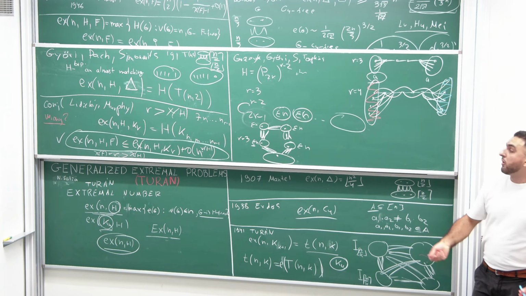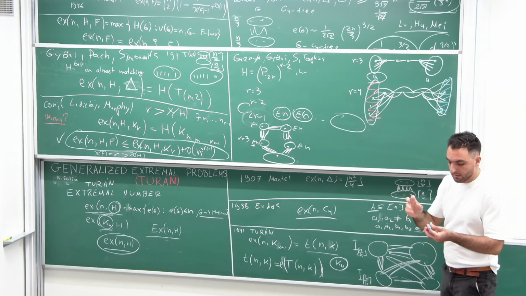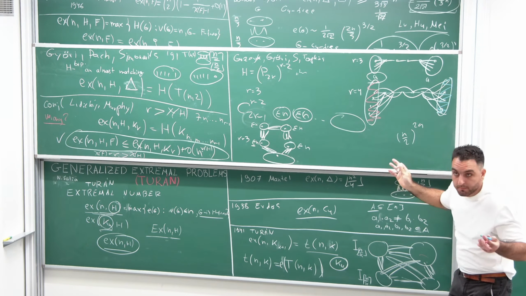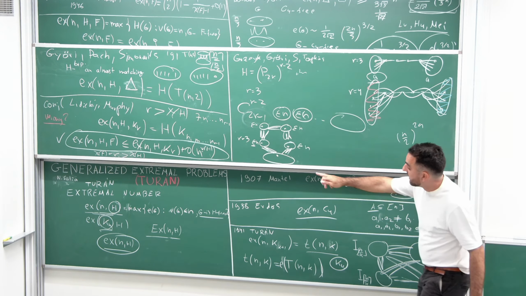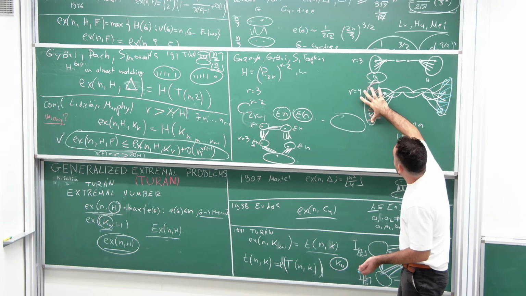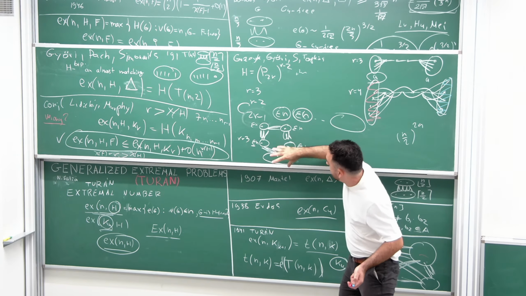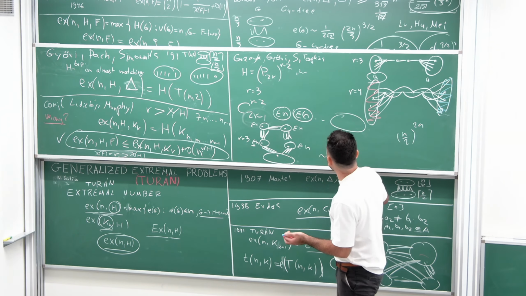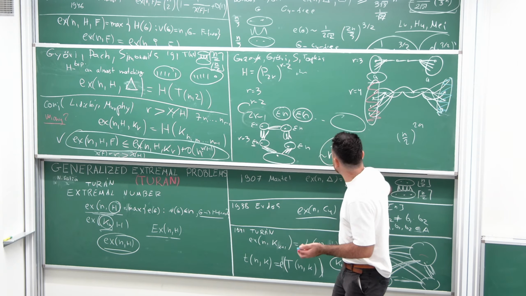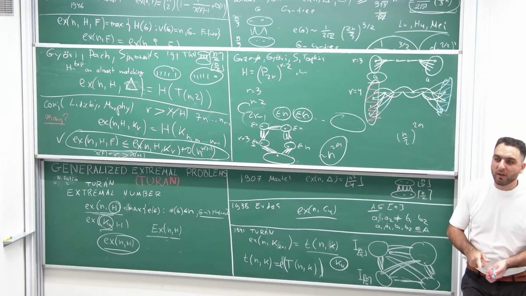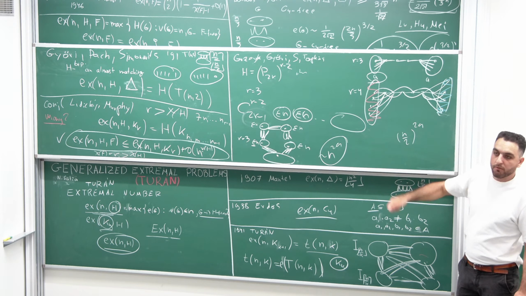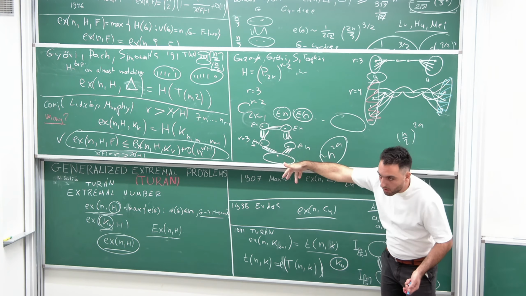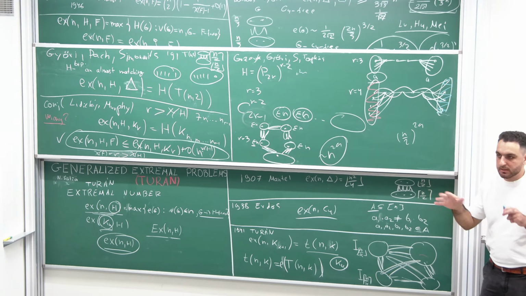So the maximum number of choices for those vertices will be roughly n half to the 2a maximum. While in this graph, you can map these vertices here, then go around and map the blue vertices there, and this will be roughly n to the 2a. So this will be more than that, and even if for each of these vertices you have n choices, the number of them here will be much more than the number of them here. So it's just the calculations.